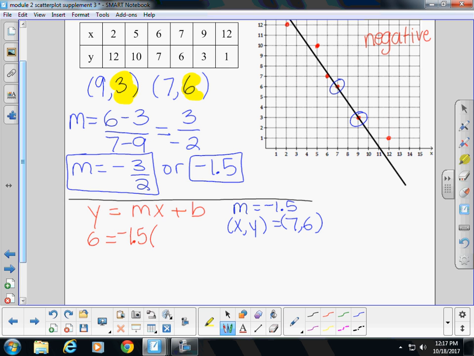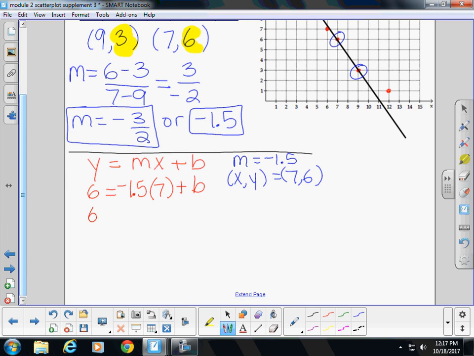And for x, I'm plugging in 7. Okay, negative 1.5 times 7. I'm going to grab my calculator, figure out what that is. Negative 10.5. Now, since this is the negative, I'm going to add 10.5 to both sides. That way that cancels out, and I'm left with b, and this will be 16.5.